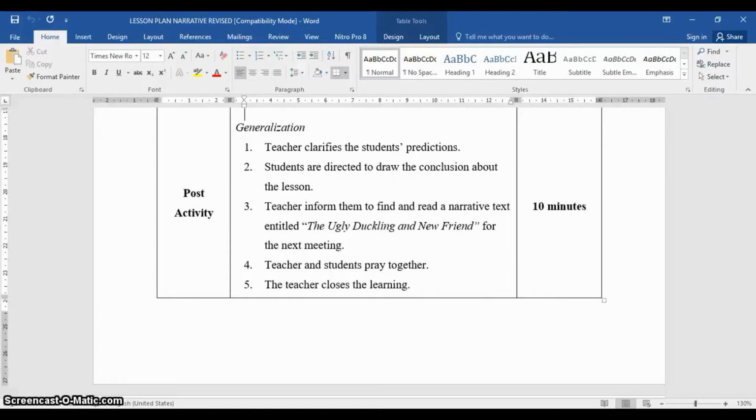After that, the teacher informs the students to find and read narrative texts entitled The Ugly Duckling and New Friend at home in order to prepare themselves for the lesson in the next meeting. And then the teacher and students pray together, and then the teacher closes the class.